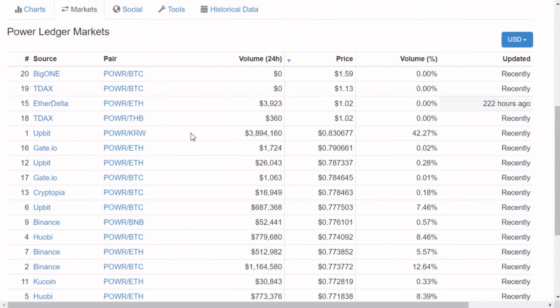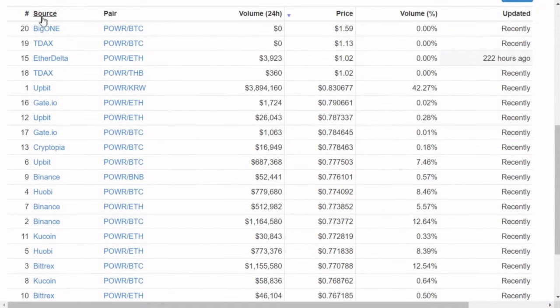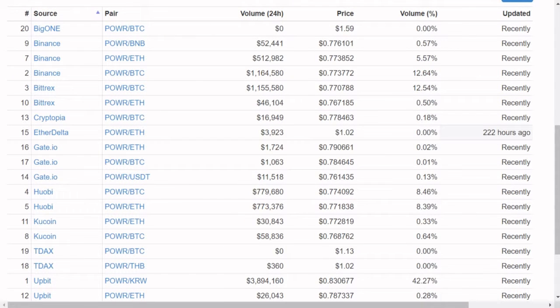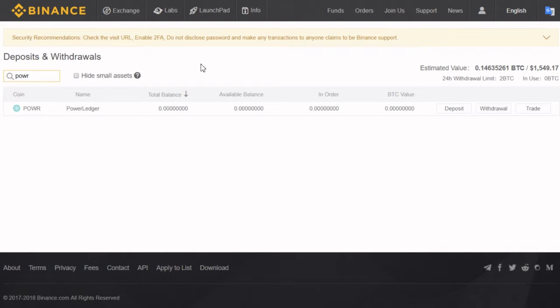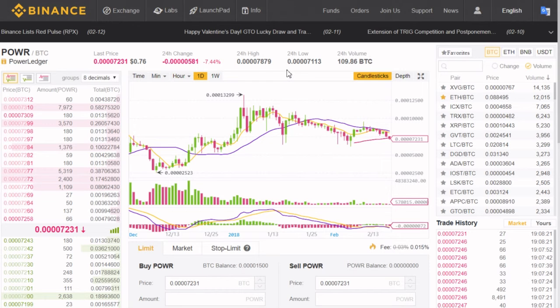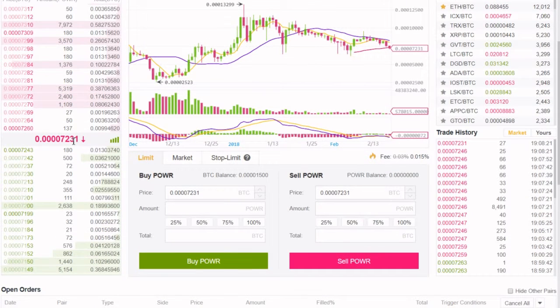So basically we found out that Power is available on Binance, and it's available as Bitcoin to Power, Ethereum to Power, Binance coin to Power. In our last video we had Bitcoin, so I'll go to the Exchange Basic and choose Power to Bitcoin, which should already be loaded. On the left-hand side you'll see the prices you can buy or sell Power for.